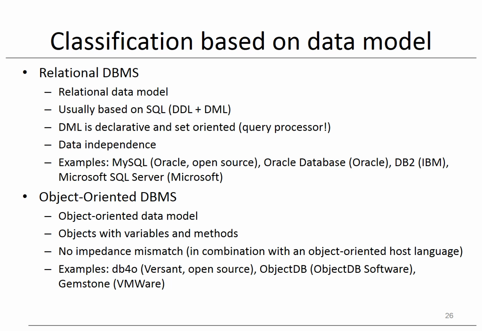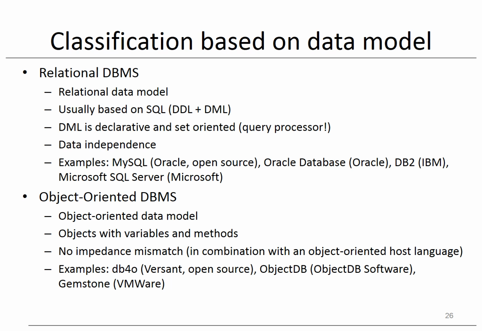Data independence is available thanks to a strict separation between the conceptual and physical schema. This makes it very attractive to develop powerful database applications. Popular examples are MySQL, which is open source and maintained by Oracle, the Oracle DBMS, also provided by Oracle, DB2 from IBM, and Microsoft SQL Server from Microsoft.